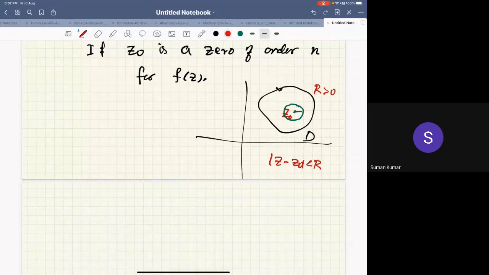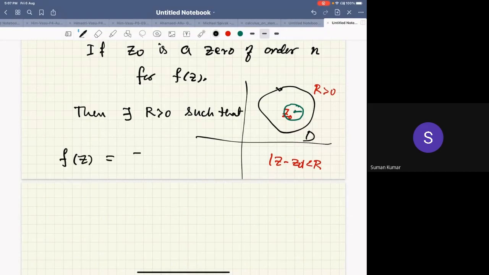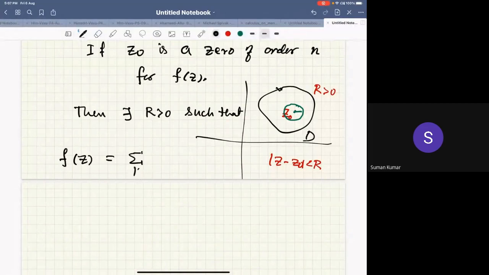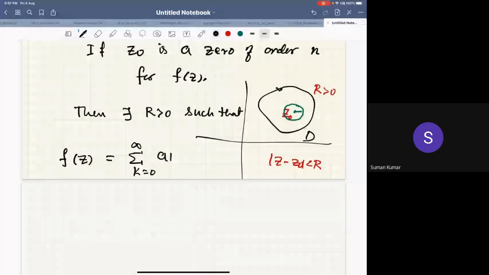Then there exists r greater than 0 such that my f of z has power series expansion, summation k equals 0 to infinity, a k into z minus z0 whole to the power of k, in mod z minus z0 less than r.